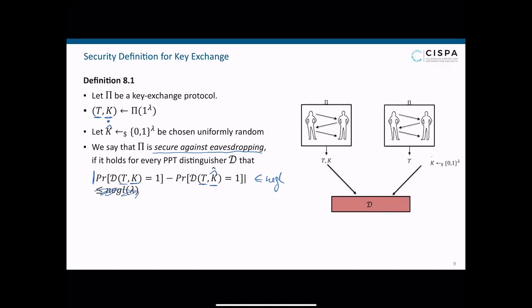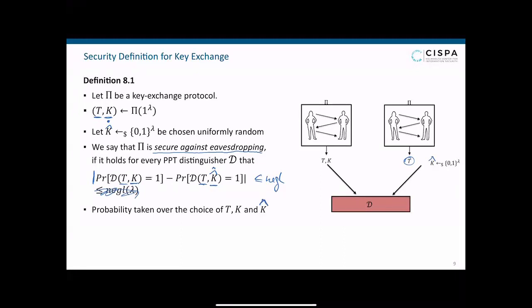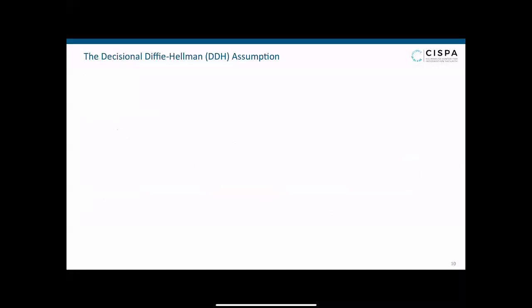On the right side, he still gets a transcript which comes from the key exchange protocol, but the key that he gets, this K hat, is freshly chosen. Doesn't have to do anything with this transcript. And of course, the probability here is taken over the random choice of T, K, and K hat, or the random coins of the protocol and K hat, so to speak.